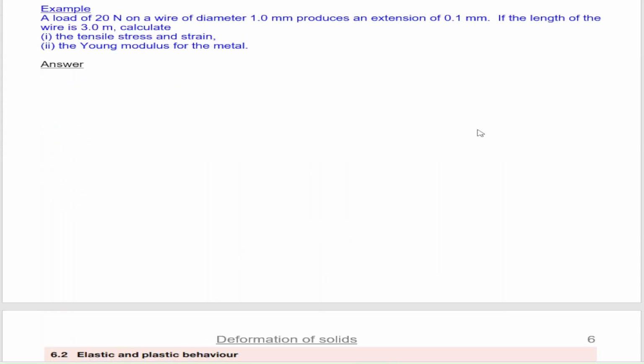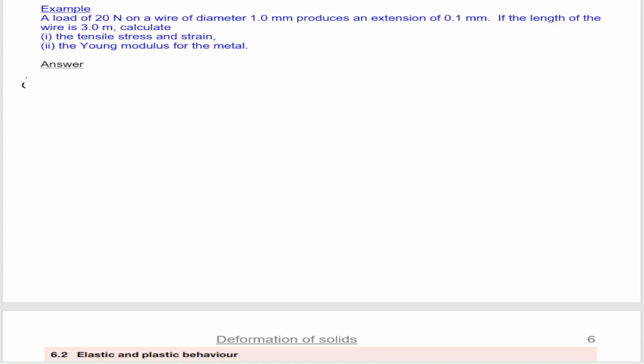The second example says a load of 20 newtons on a wire of diameter 1.0 millimeters produces an extension of 0.1 millimeters. If the length of the wire is 3 meters, calculate the tensile stress and the strain. And then you are asked to find the Young modulus of the metal.